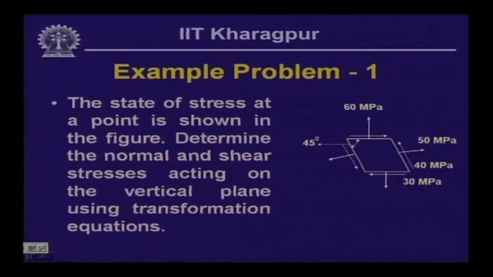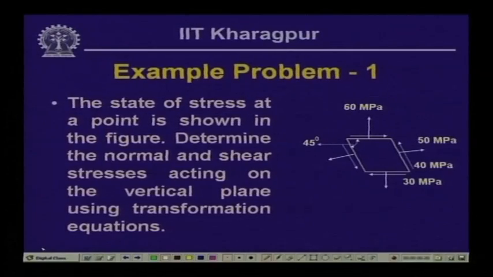Now, with these stress conditions in the background, let us look at how to solve a number of problems. This particular problem I explained to you last time, and I asked you to compute the stresses. At a point in a stressed body, on a horizontal plane the normal stress is 60 MPa.